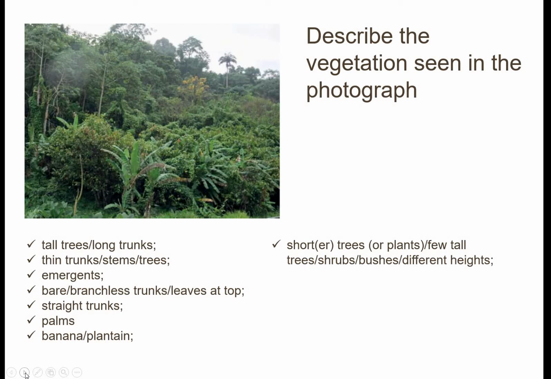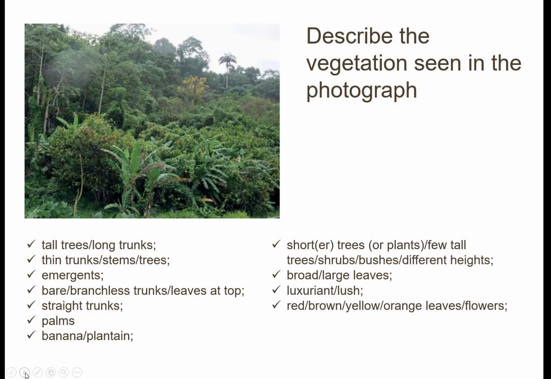We can see trees, shrubs, bushes, trees at different heights. We've got broad, large leaves. We could also say it's lush. We've got different colours of leaves as well. The vegetation is dense, close together. And right in the foreground, you can see on the left-hand side, you can see some lianas.